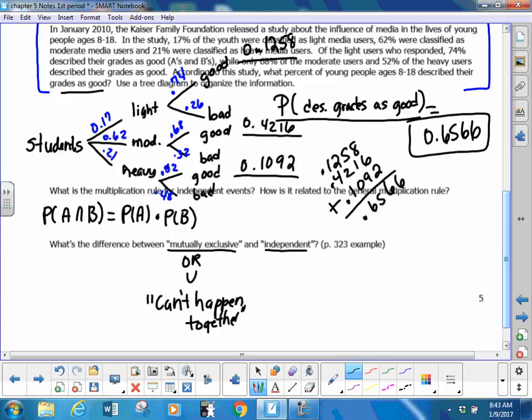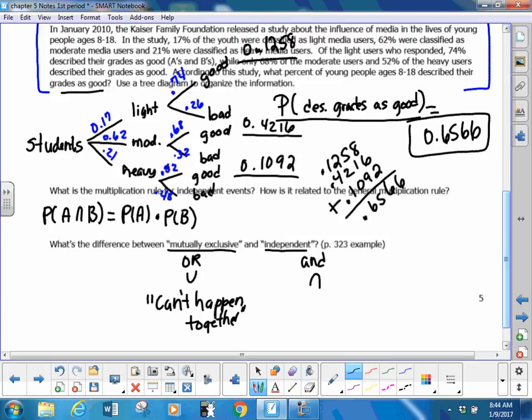It's hard to come up with a great example because there's an exception to everything. In the book, I think it says if A is the person is male, and B is the person is pregnant, we're thinking about that being mutually exclusive. But two things that can't happen together are mutually exclusive, and you've got to take that into account with that formula.